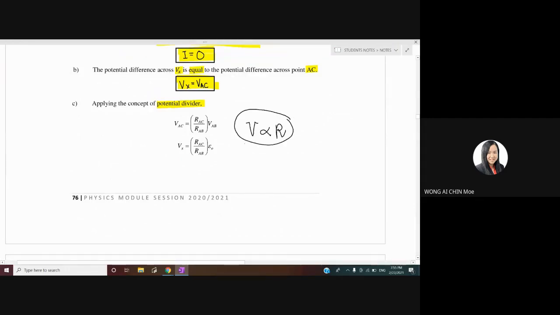So VAC corresponds to the resistor RAC, and if your V is VAB, your resistor is RAB.